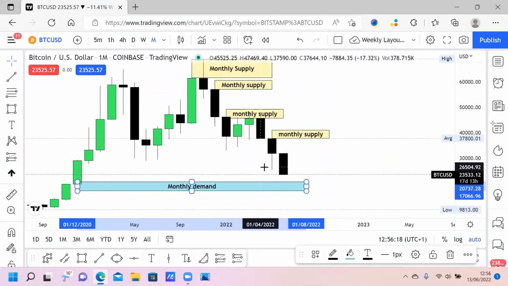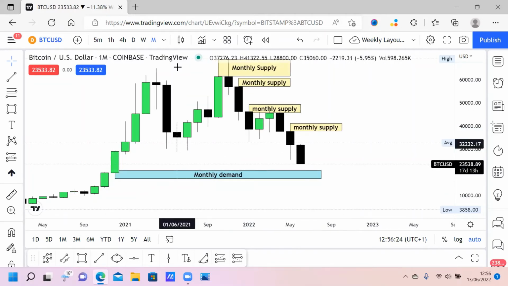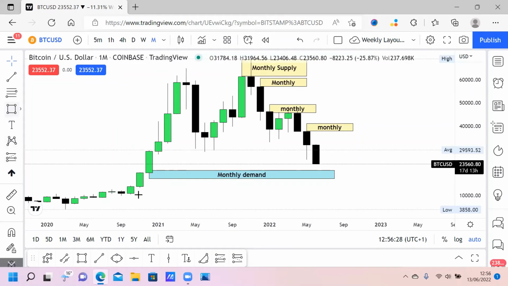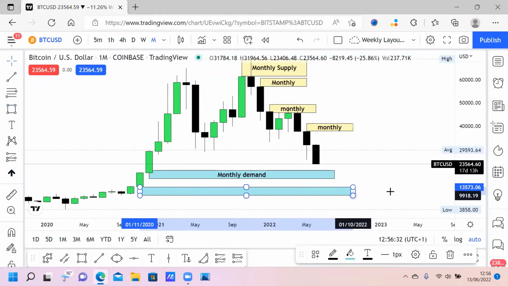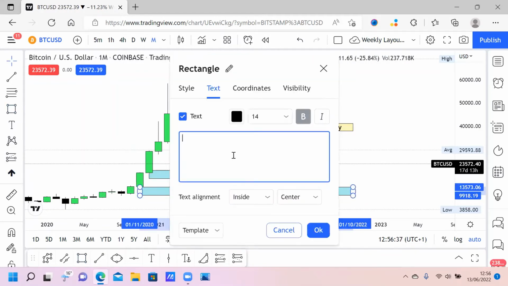Now as you look carefully, the supply run is going to be hitting a demand zone very soon. With Bitcoin falling for quite some time, we're probably going to be hitting these zones in the future. So we've got a demand zone here that could be a likely target.